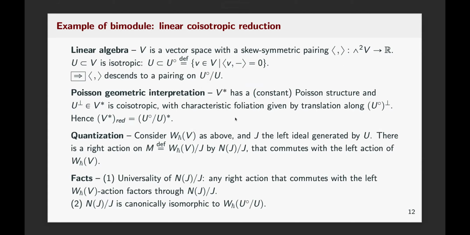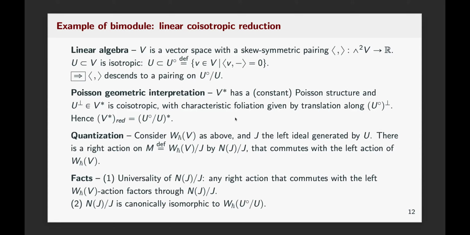All right, so now what I'm going to do rather quickly is take a vector space, and now I'm going to have an isotropic subspace U, which means that it's contained in the kernel of the restriction of the pairing to it. So the pairing vanishes on this subspace U, which means that the pairing descends on the orthogonal of U modulo U. And essentially, that's going to be our reduced space.